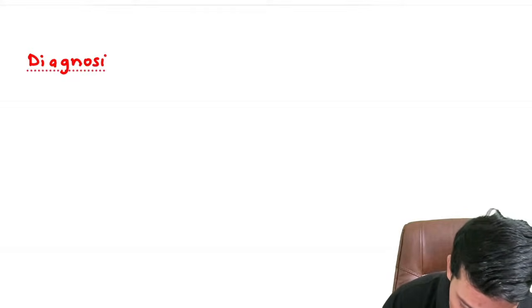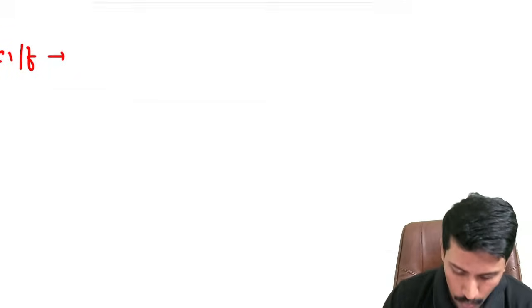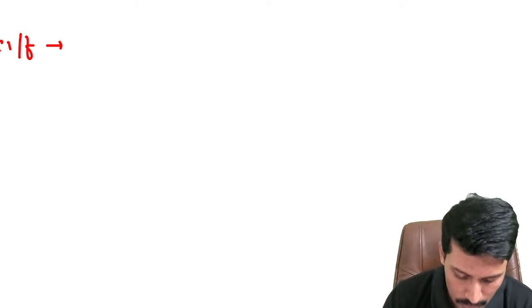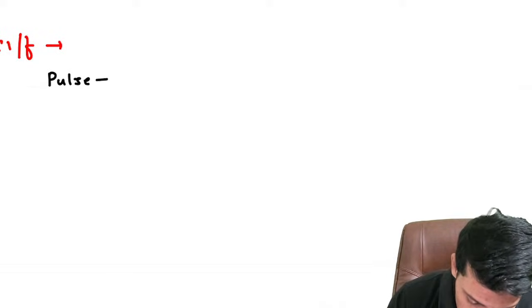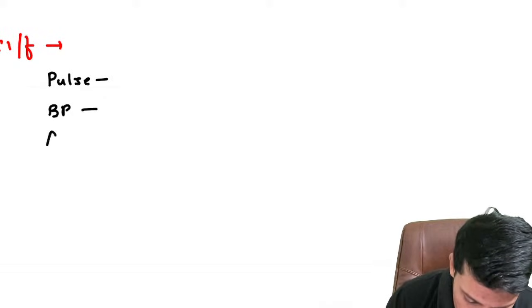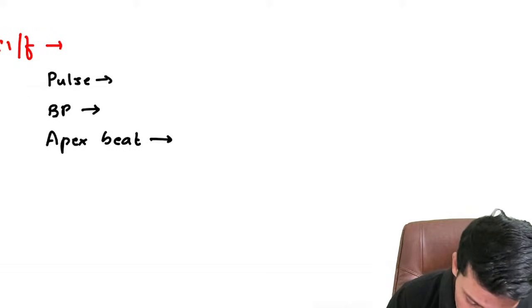We did not write about the clinical features, right? So let me first write about the clinical features and then we will talk about the diagnosis. As I've already told you, for all valvular heart diseases, you should focus on the BP, pulse, apex beat, and auscultation.